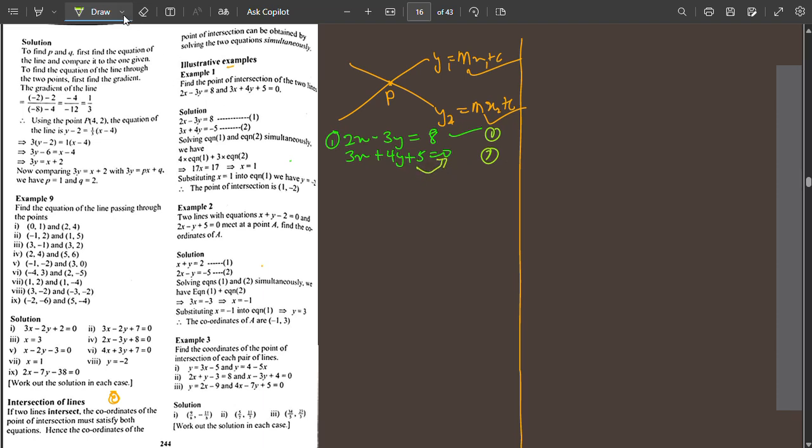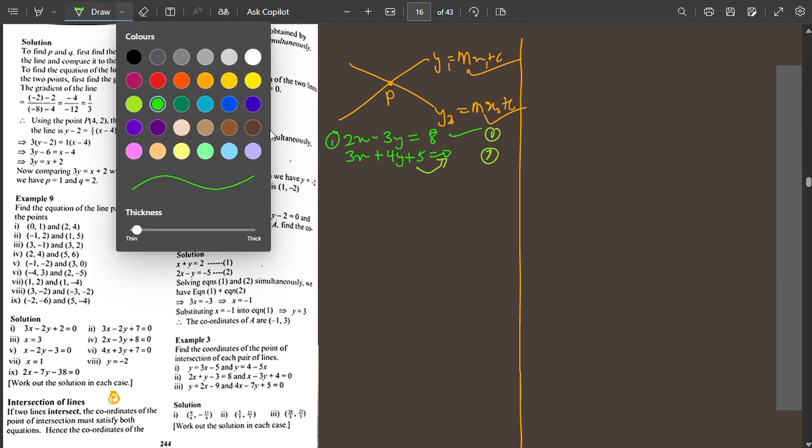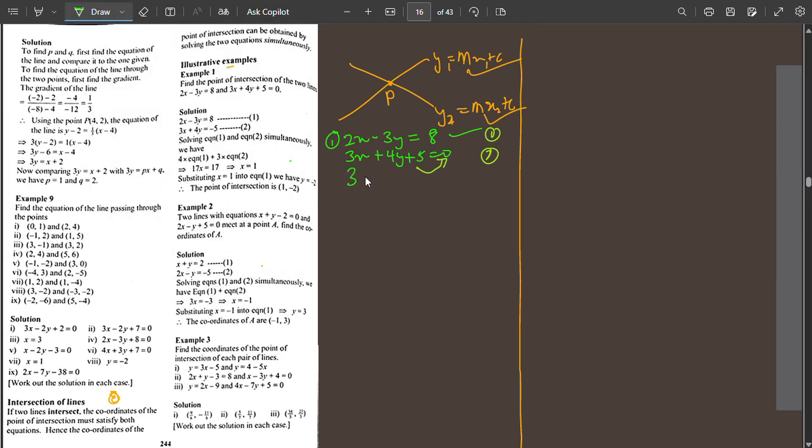So let's do that. We'll move it and then we'll end up with minus 5. So that becomes the new equation 2, right? It's still equation 2. So this is equation 1 and this is equation 2. Now we are about to solve these equations simultaneously.